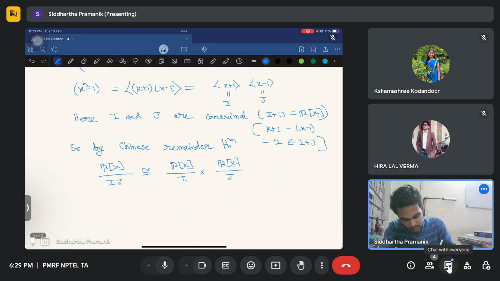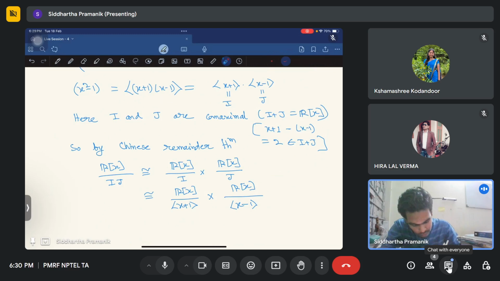Right. Now what is R[x] mod I? So this is basically the quotient by x plus 1, and this is the quotient by x minus 1. Sorry, this is not an isomorphism, this is a Cartesian product. Now can you say what these quotients are?